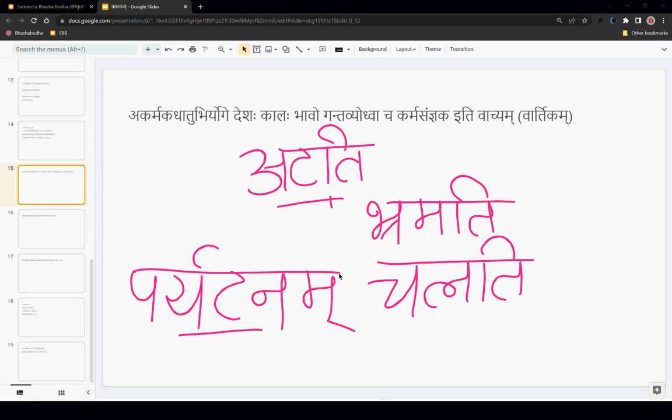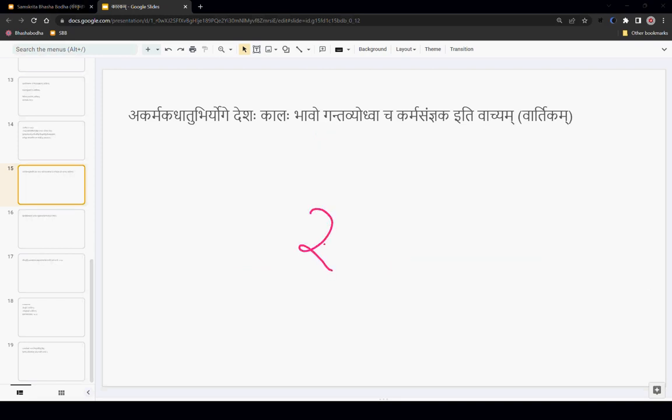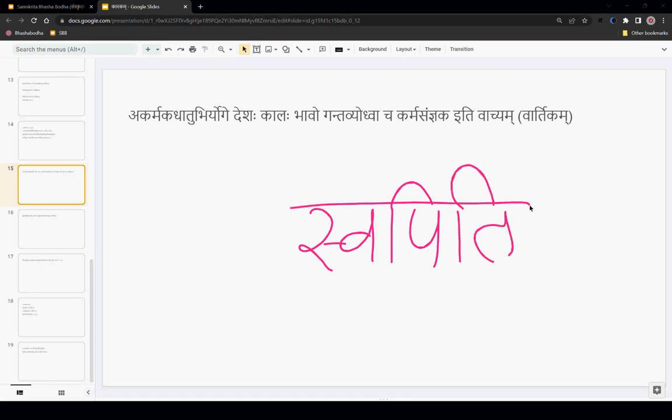Somebody help me here. What is the meaning of Swapiti? Is it dreams, Mahoday, or sleeps? Swapiti is sleep. Dream is one stage of sleeping. So Swapiti is actually sleeping only. As part of the sleep, dream comes in the middle.